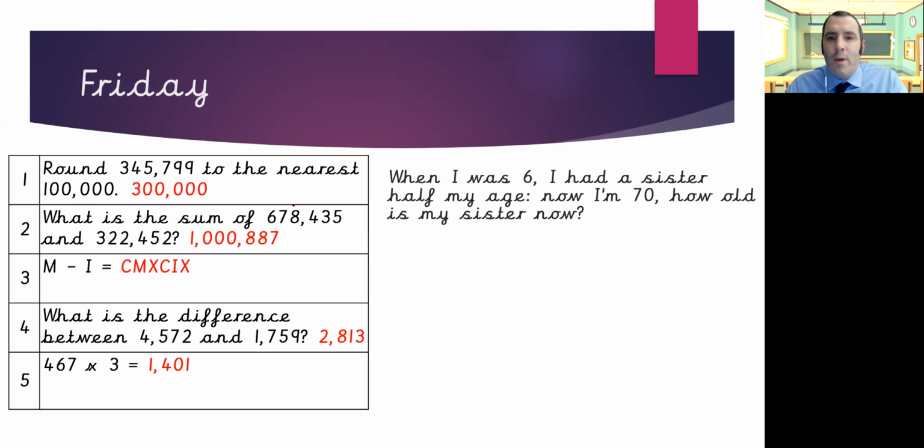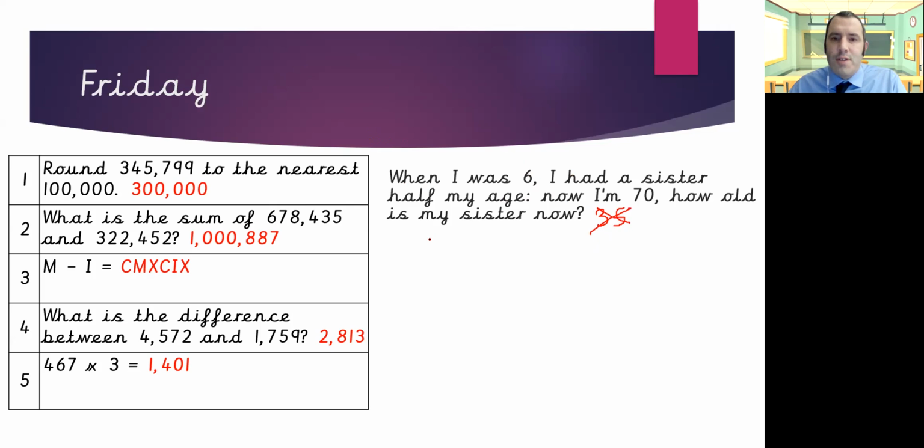Now, our reasoning question. When I was 6, I had a sister half my age. Now I'm 70. How old is my sister now? You might have thought, well, she's half my age, so you'd have written 35. I'm really sorry, that's not correct.